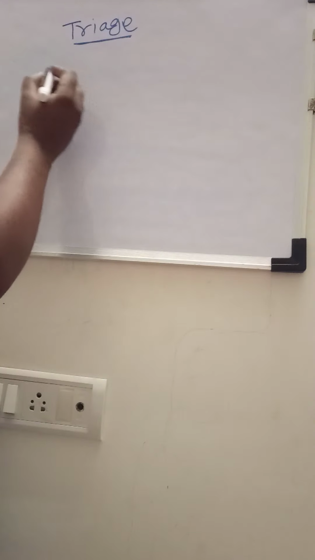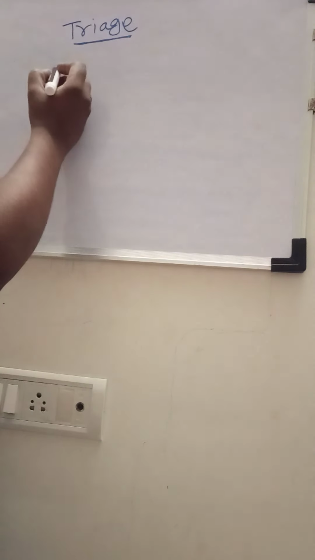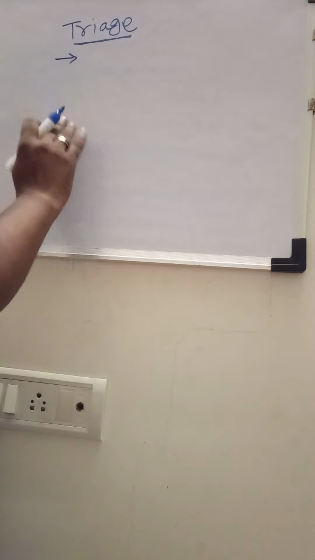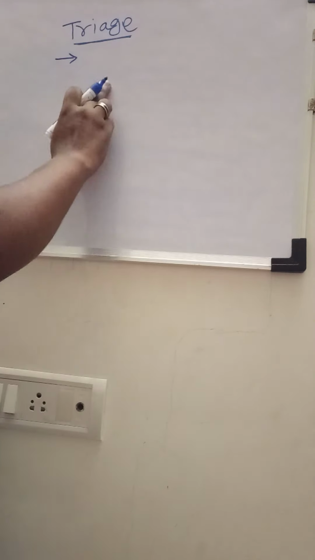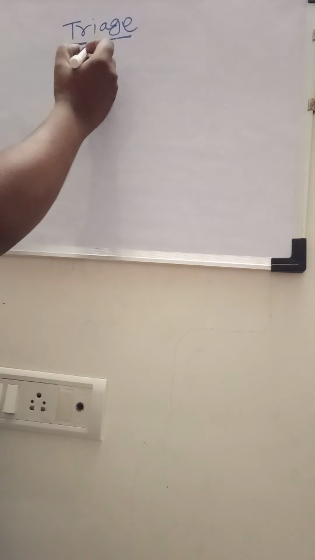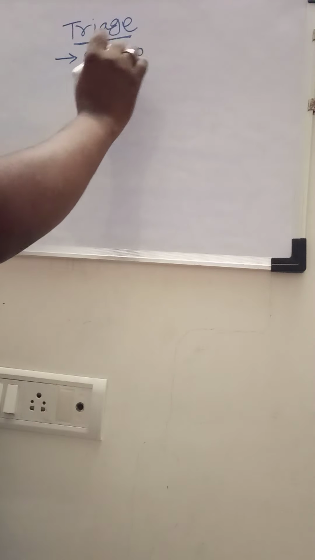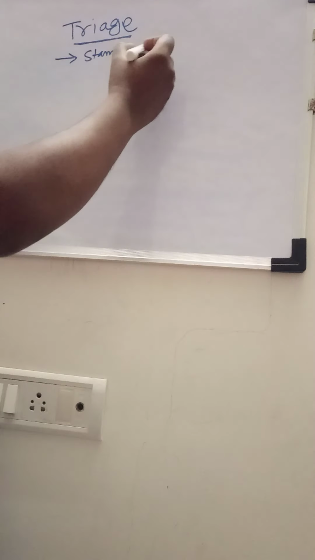So whenever a case comes for booking to the triage team, the first important point is what they will do. These are just take home messages for understanding purposes. First, stamping of that particular case, the date of receipt.